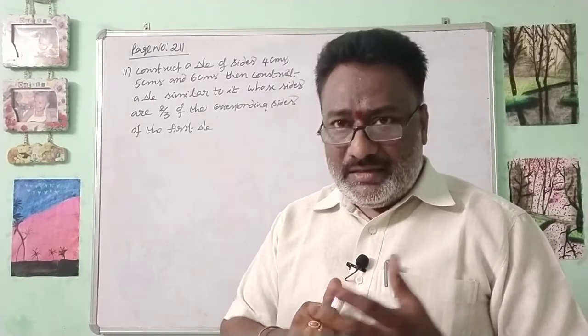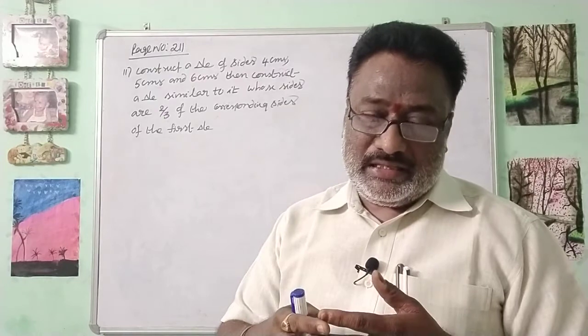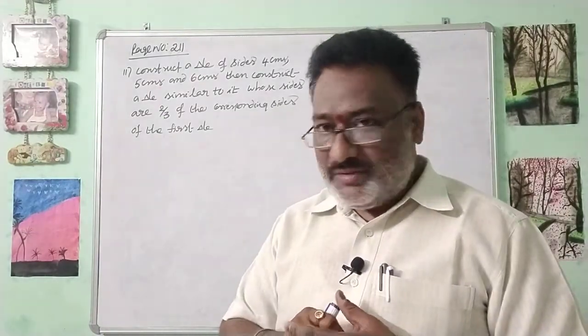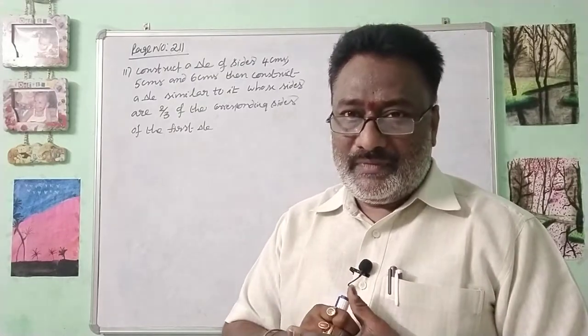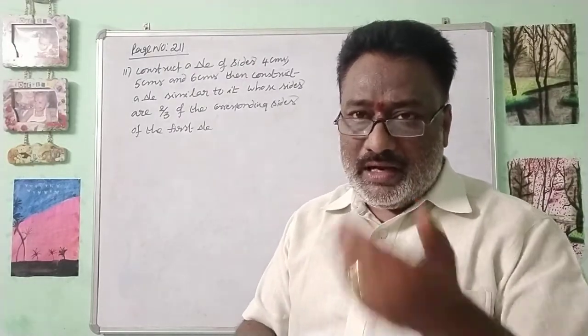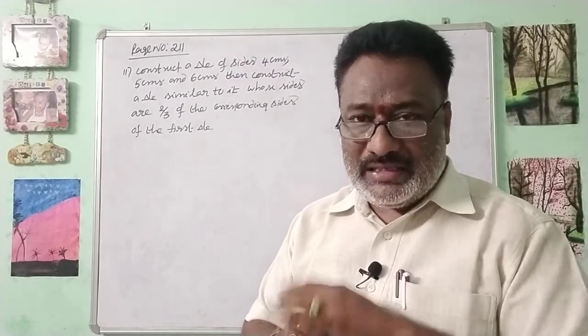Okay, so it is not possible for me to construct by taking the measurements using a scale. That's why I just explain, and you need to imagine yourself. You can draw in your notebook or paper by using the scale and by taking the exact measurements.